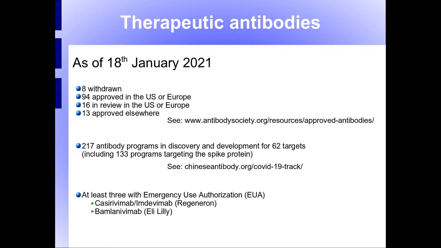And of those, there are at least 3 with emergency use authorization. Casirivimab and imdevimab, also known as the Regeneron cocktail, produced by a company called Regeneron, are the 2 antibodies that President Trump was given, and bamlanivimab is another one produced by Eli Lilly.